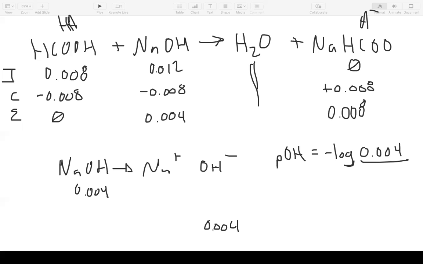over 0.08. And we're doing that division to convert back to molarity. So 0.004 divided by 0.08, negative log of that.